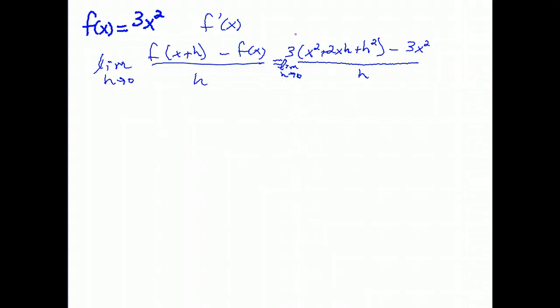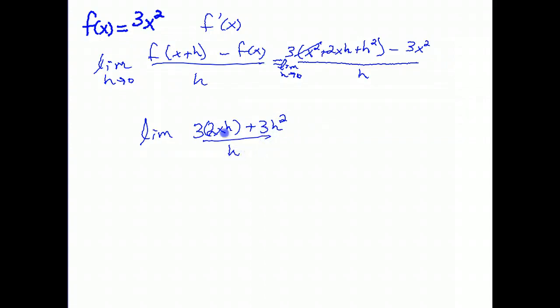Now, when we simplify here, 3x squared and 3x squared cancel, and then we get 6xh plus 3h squared all over h. So we get the limit of 3 times the 2xh plus the h squared all over h.